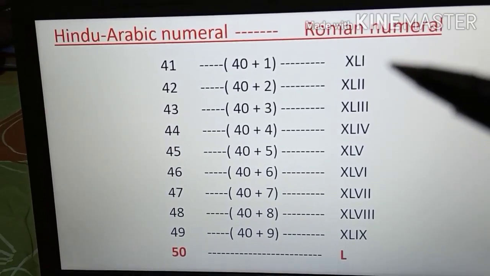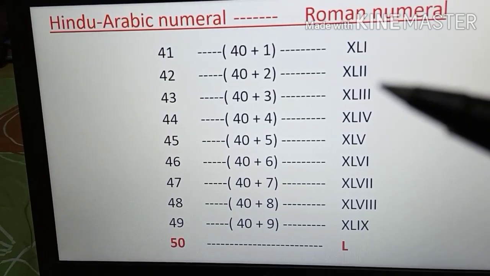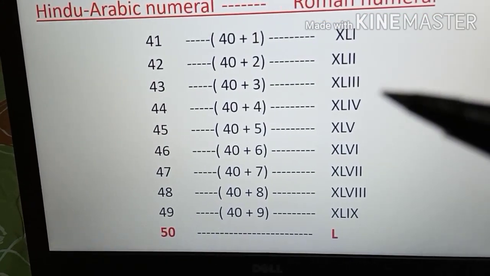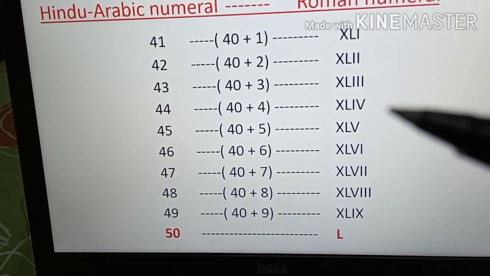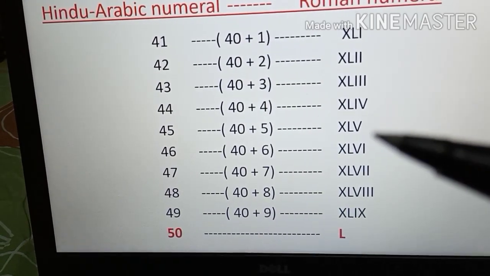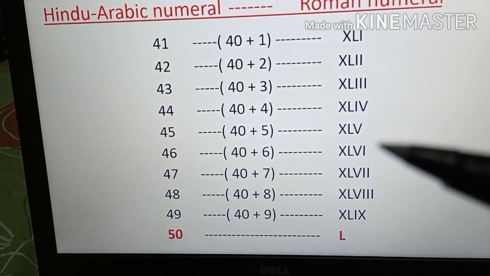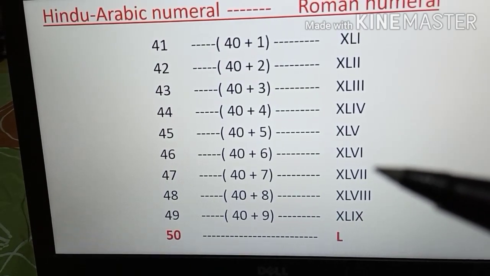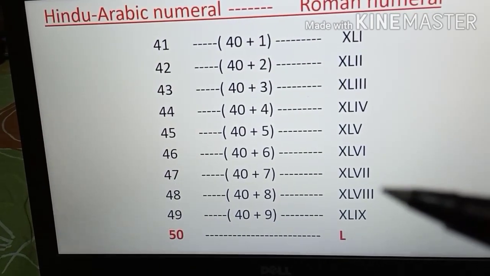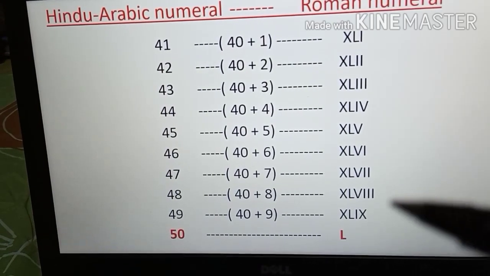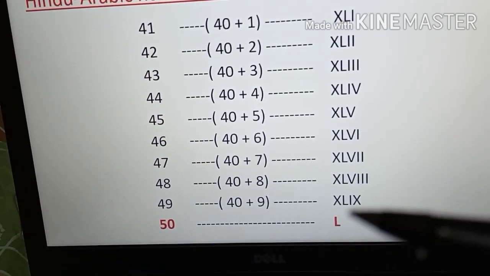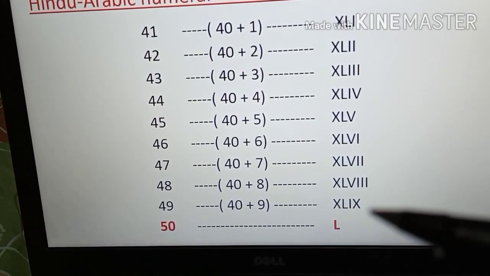So XLI, 41. 42, XLII. 43, XL and 3 times I. 44, XL and for 4 IV. 45, XL and V. 46, XLVI. 47, XLVII. 48, XLVIII. 49, that is 40 plus 9. So XL and for 9 you write IX, 49.